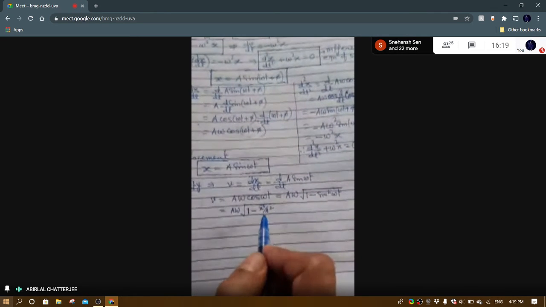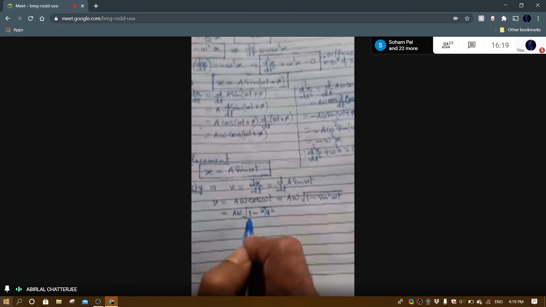Tell me. No, sir. Now, if I do the LCM, a square minus x square by a square, a will come out and it will cancel. So this becomes omega root over of a square minus x square. This is my expression, sir. So this is velocity at any instant of time.